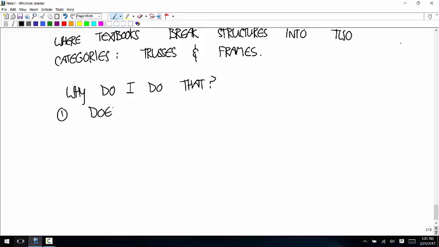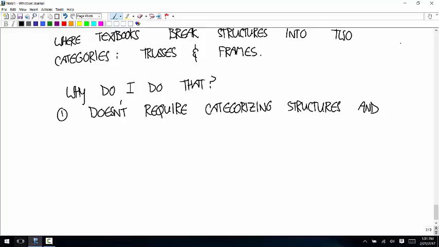So it doesn't require categorizing structures and remembering and applying multiple approaches.